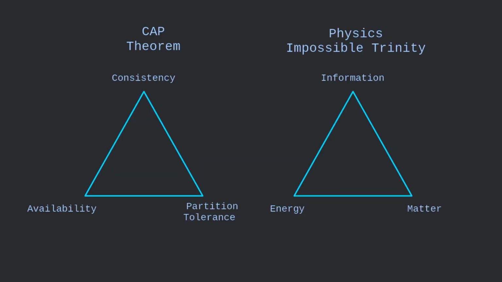In distributed system design, there is the CAP theorem. Consistency, availability, and partition tolerance cannot all be achieved simultaneously. The essence of the CAP theorem is actually a limitation of the physical world. Physics has an impossible trinity. Energy, mass, and information cannot all be obtained at the same time. Put more simply, it is about the finite nature of computer performance.